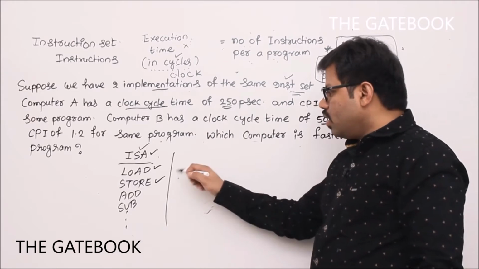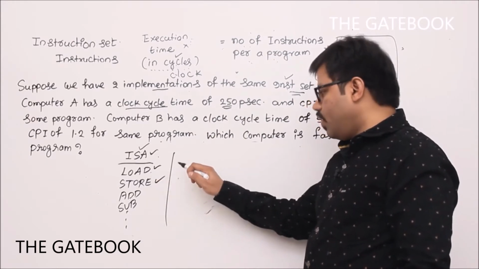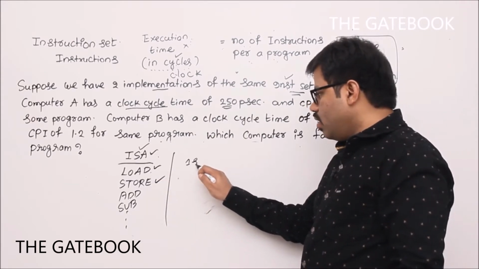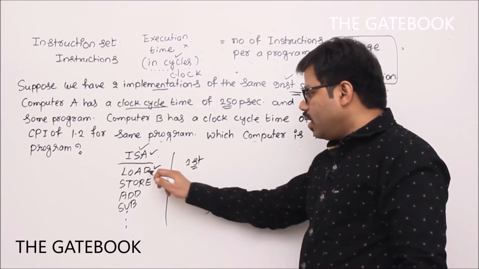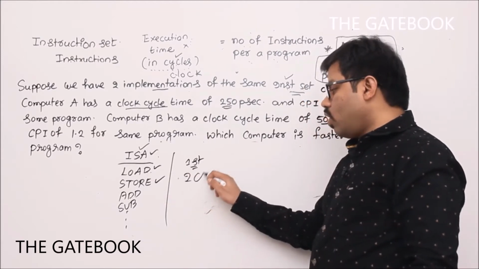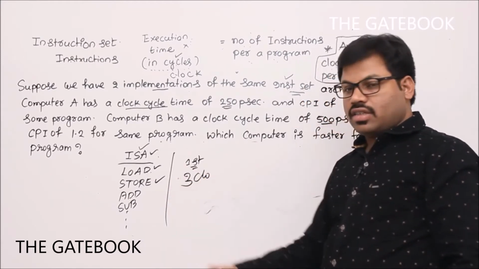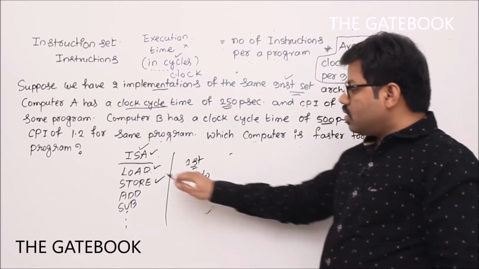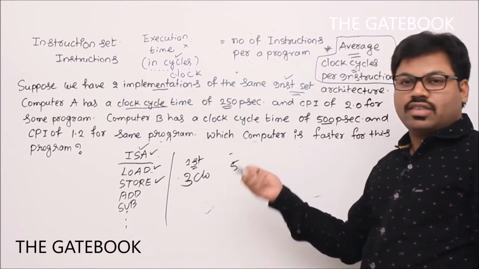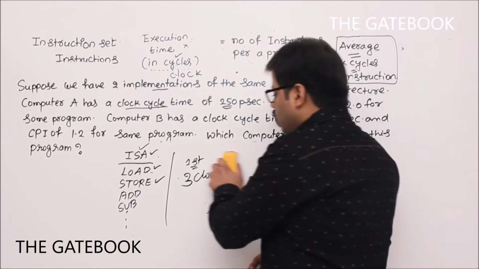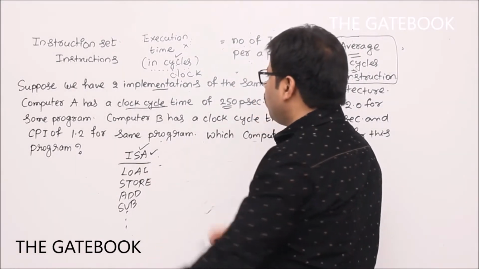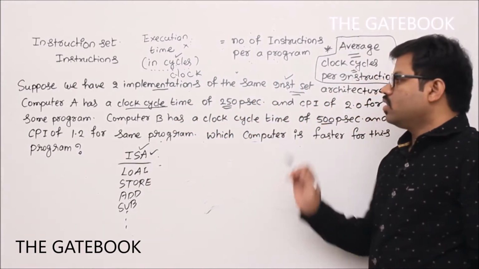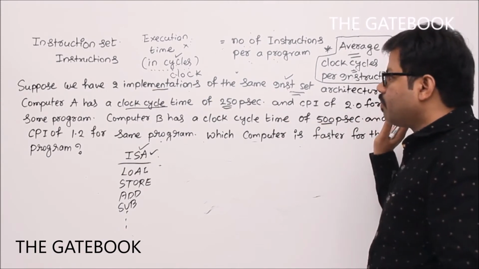For example, one load instruction is implemented in a first way, so the load instruction might take 2 or 3 clock cycles. In another implementation, the same load might take 5 clock cycles. It's up to the implementation, right? That is the meaning of implementations. So there are 2 different implementations.